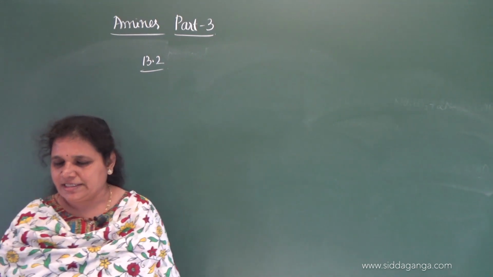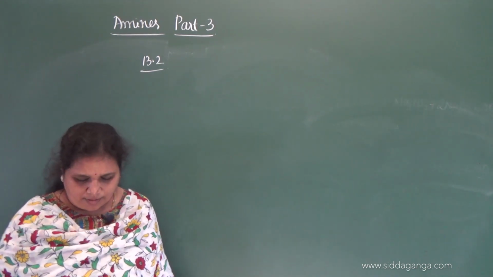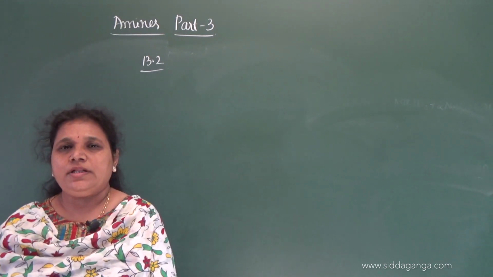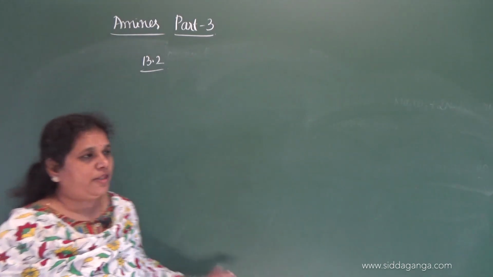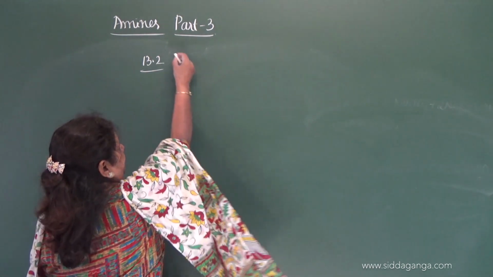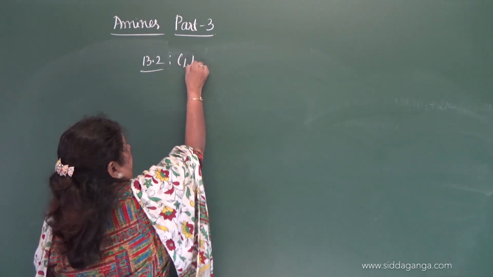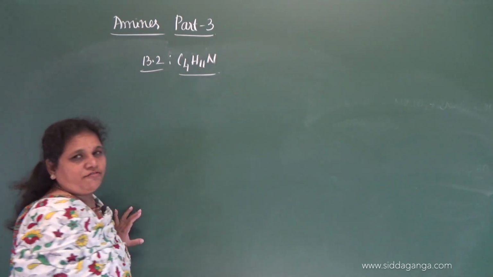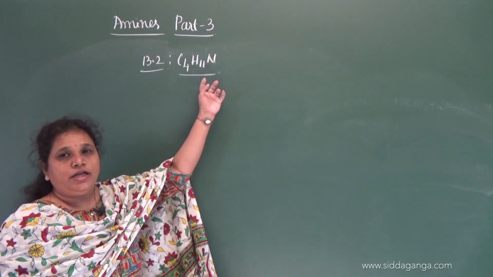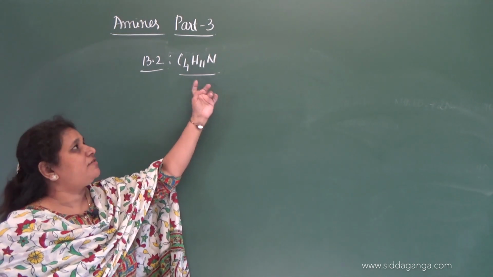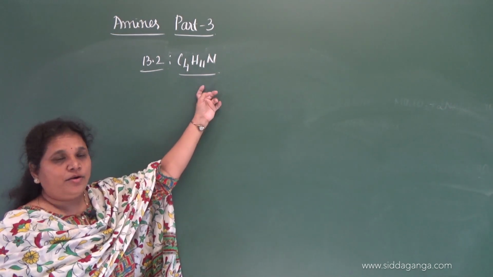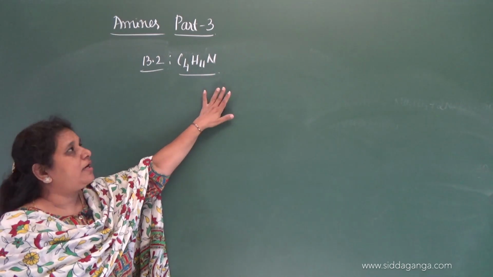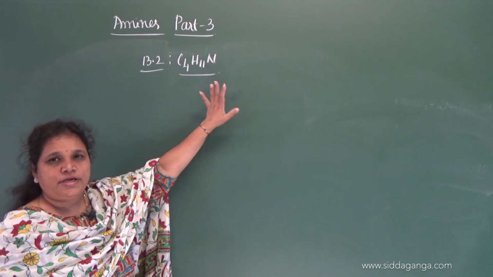The molecular formula of the compound is given. We need to write the possible isomers of this compound, identify the nature of the isomers, and give the IUPAC name.